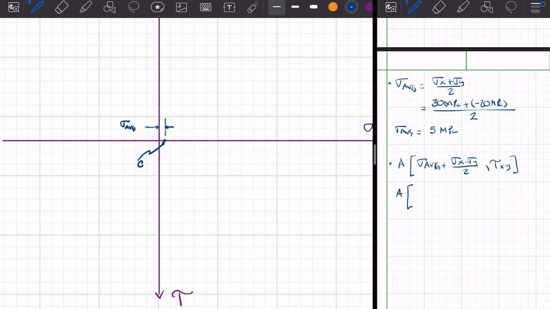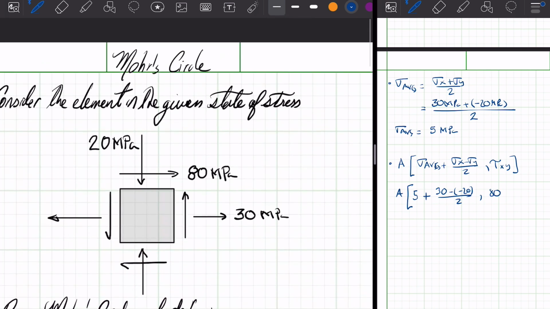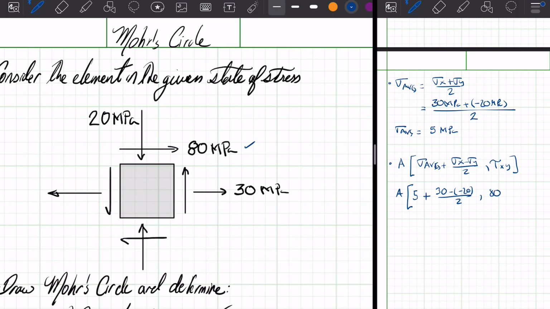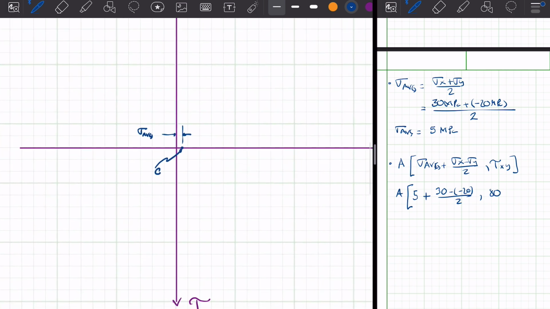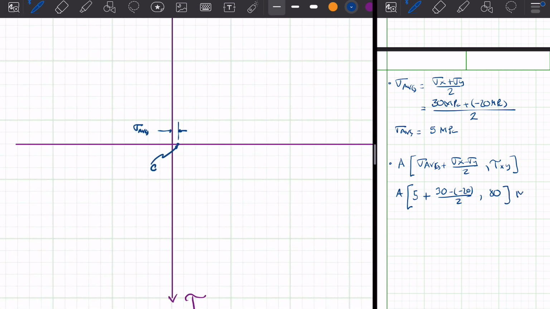So A becomes 5 plus 30 minus 20 divided by 2, comma, 80 megapascals, where this is tau xy. We keep the units consistent in megapascals. And thus A is equal to 30, 80 megapascals as my coordinate.